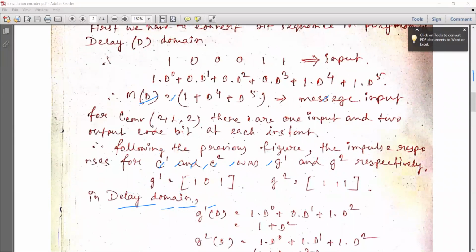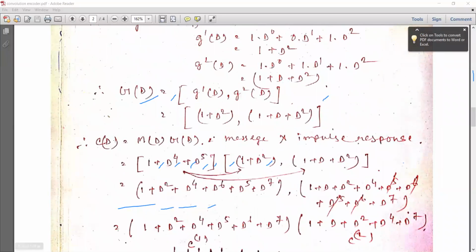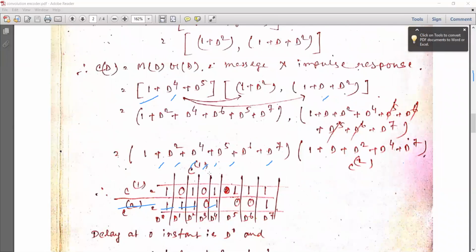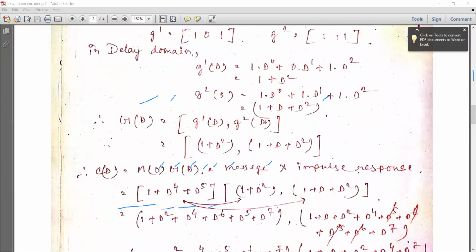Then when we get both MD and GD, the final GD should be written side by side. Then CD will be MD, the message input, multiplied with the impulses, and in this way you make this table finally and write the final answer. So this is the whole procedure.